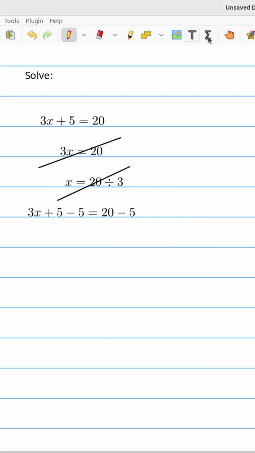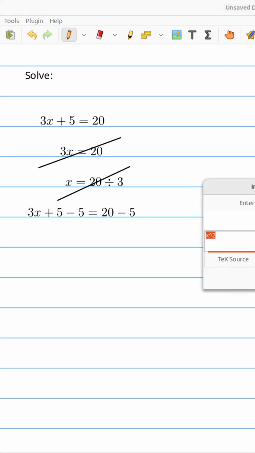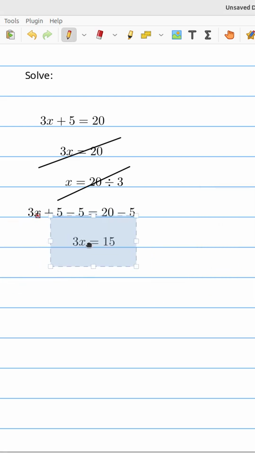And then the next step would be, okay, if I simplify that one, the left hand side would be 3x and the right hand side would be 15. And then I divide both sides by 3.